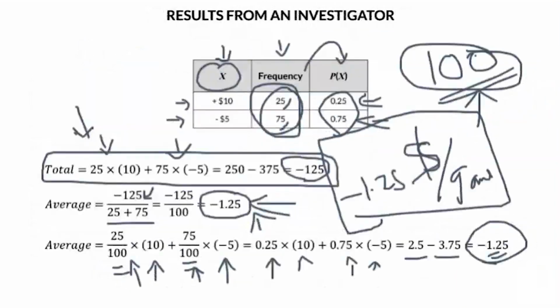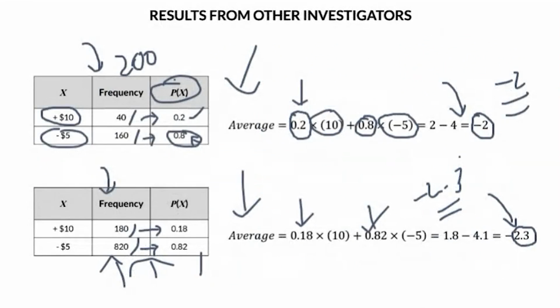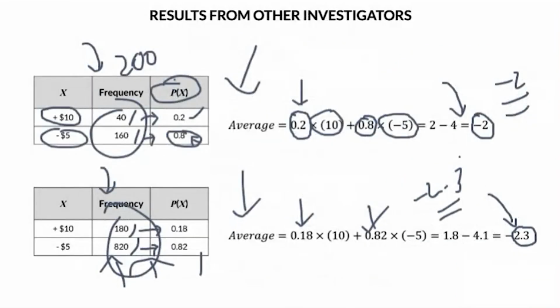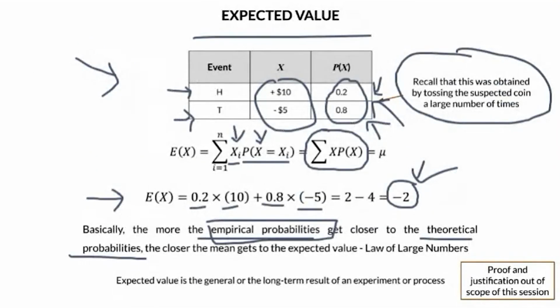The first guy's experiment size was only 100, the second person 200, the third person 1000. If the number of times that a person plays goes to 10,000, 100,000, then these empirical probabilities, like 0.18, 0.12, will get closer to the theoretical probabilities.